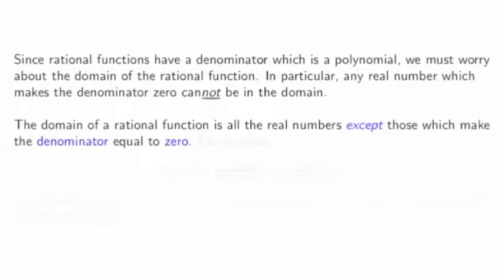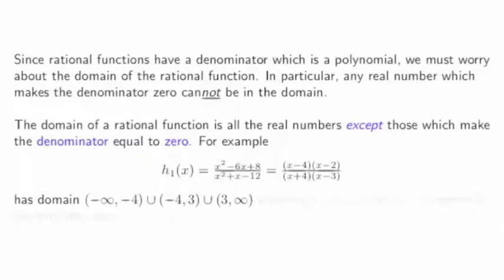For example, the function we looked at before, if we factor the numerator and denominator, we get this, and it has domain minus infinity to minus 4, union minus 4 to 3, union 3 to infinity, simply since only x equals minus 4 and x equals 3 make the denominator 0, and those are the only things excluded now.